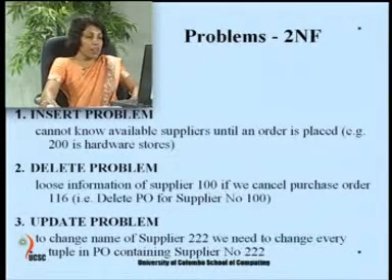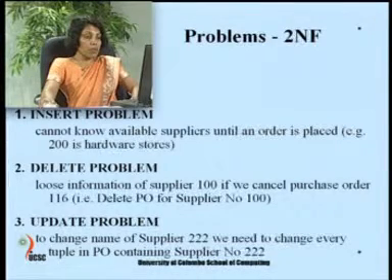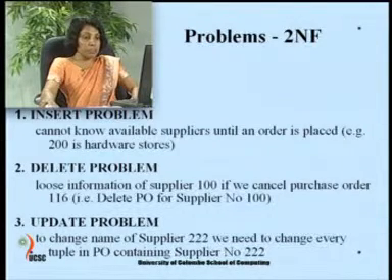And there exist update problems as well. Now the problem here is that if we need to do some changes relevant to suppliers, we need to change every record in purchase order containing that particular supplier.